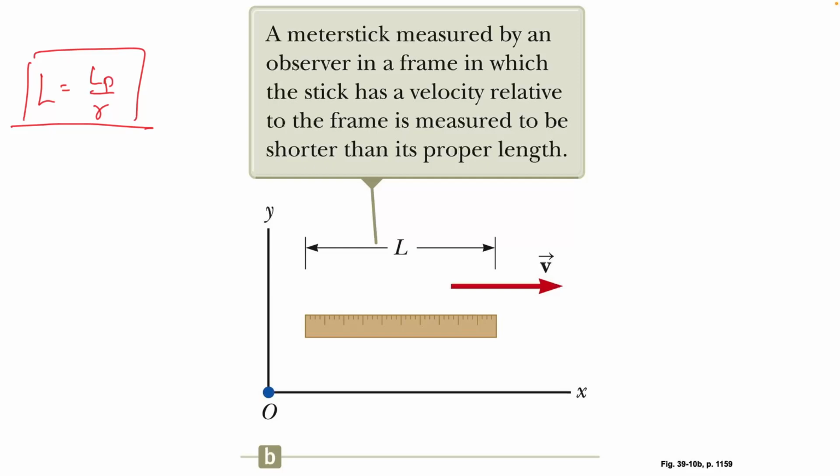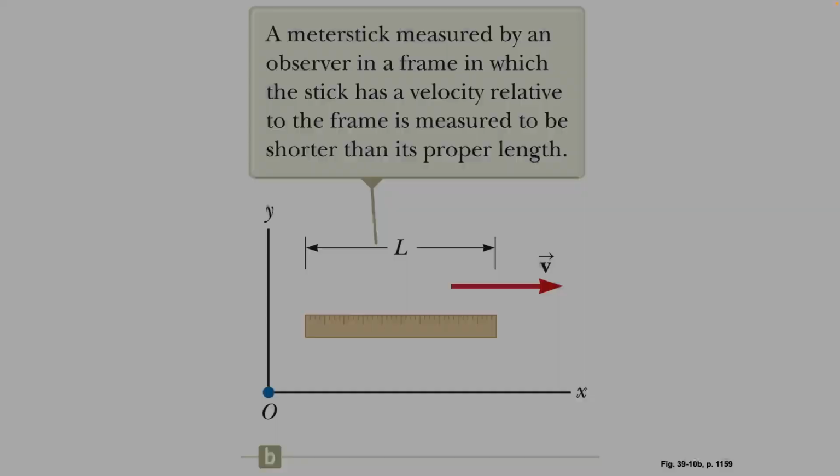Physicists might argue about what time is, but we know how to measure it. Lengths, much more commonplace for people to think about. How do you know a meter's a meter? Because you were told a meter stick is a meter, right? And as long as it's not moving relative to you, you can be assured that that is 1 meter long. As soon as it's moving relative to you, its length is going to be shorter by a factor gamma. That's what that equation is trying to say.